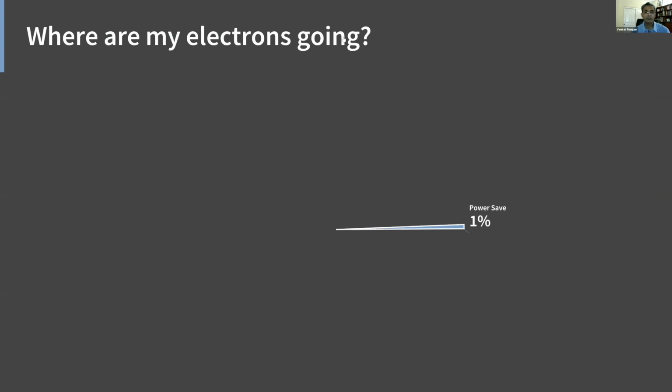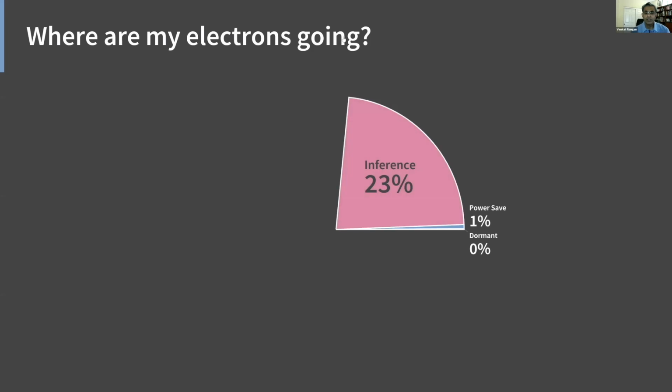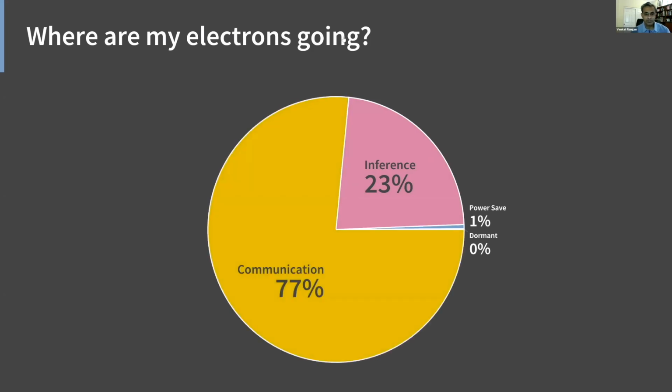We are in power save mode, where you're in the deepest power state you can be. Dormant is where you're waiting for something to happen, and you're depending on the image sensor's motion detection. And then you're doing inference. In my case, it's about 10 milliwatts at 10 frames a second. And then the rest of it is communication, right?